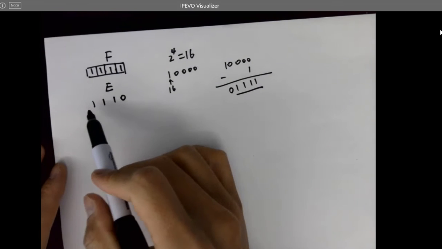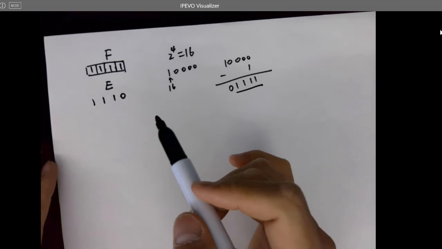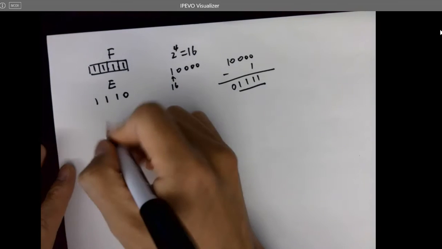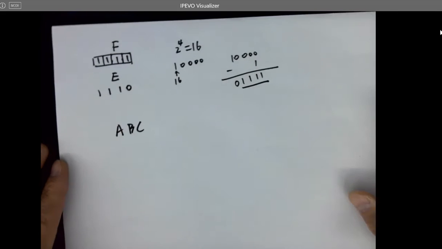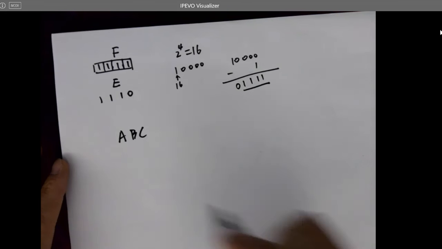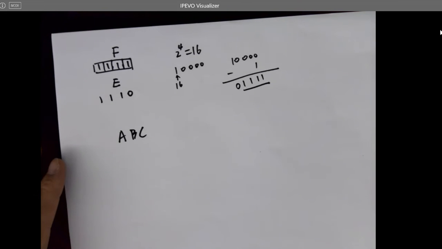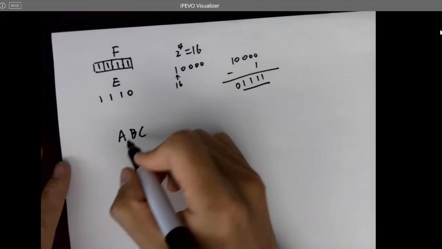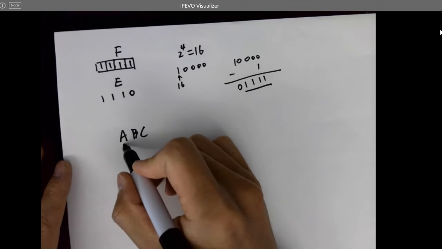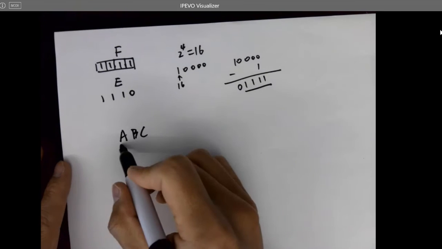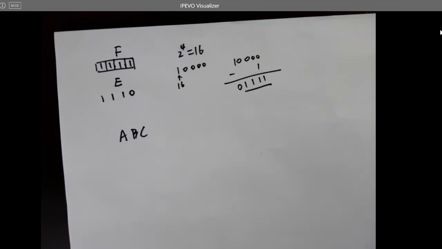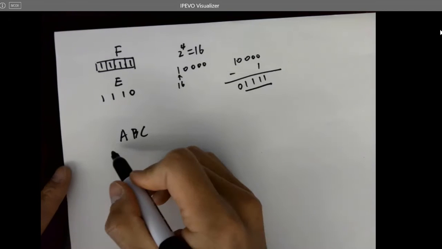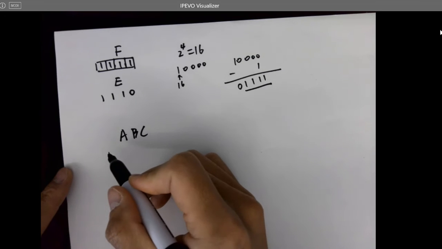If I'm asking you to convert hex numbers into binary numbers, I write down a hex number A, B, C, and I'm asking you to convert this number into a binary number. The way to do that is just expand every single digit to 4 binary digits. So what is A? 10. So A means you need 4 bits.